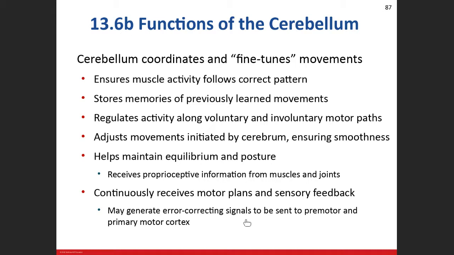Thus, the cerebrum is made aware of the position of each body joint and its muscle tone, even if the person is not looking at the joint. For example, if you close your eyes, you're still aware of which body joints are flexed and which are extended.